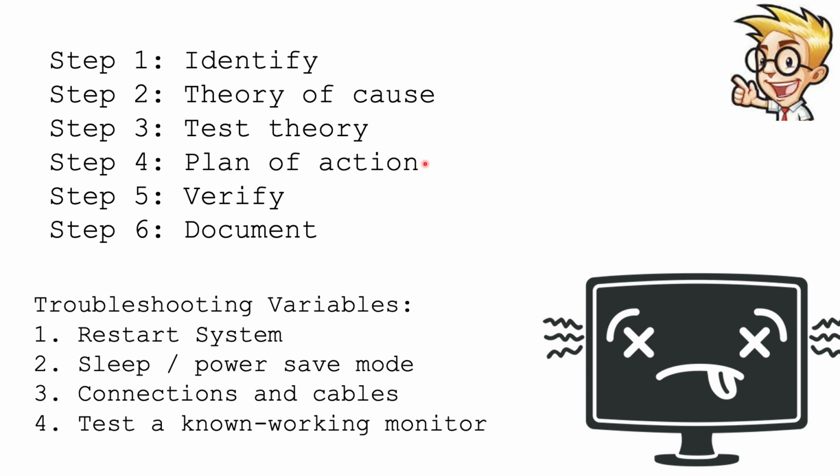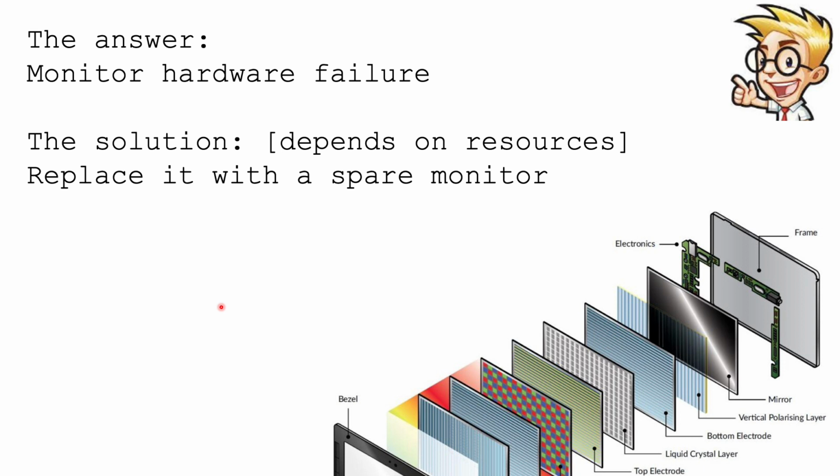So our plan of action next is to replace the monitor, and I had her replace it. She verified that it is working, and now we can document in that ticket that this monitor is bad and it should not be repurposed, probably e-wasted. So the answer to this ticket is monitor hardware failure.